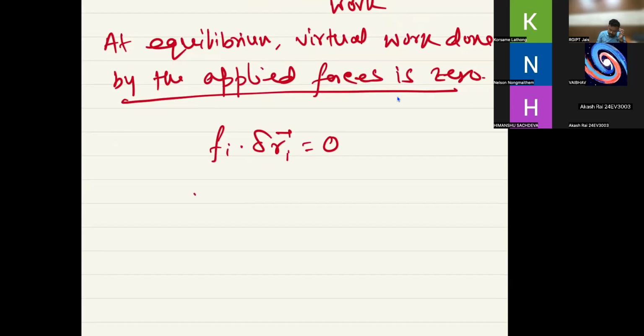Okay. So let's say that we have a sphere, and this is mass m, and this mass m is restricted to move on the surface of the sphere. Can you tell me in which direction the forces of constraint are acting in this case?